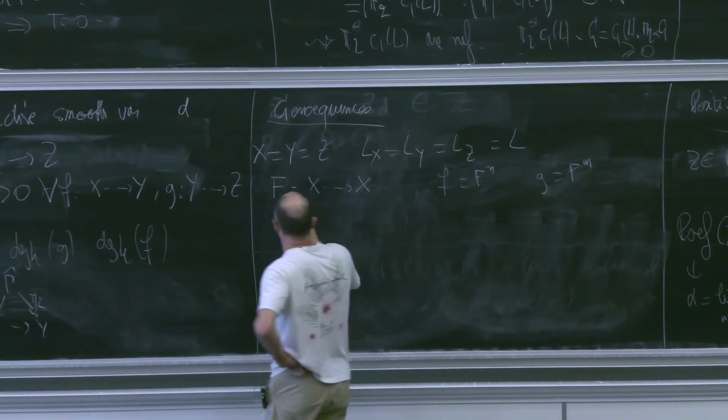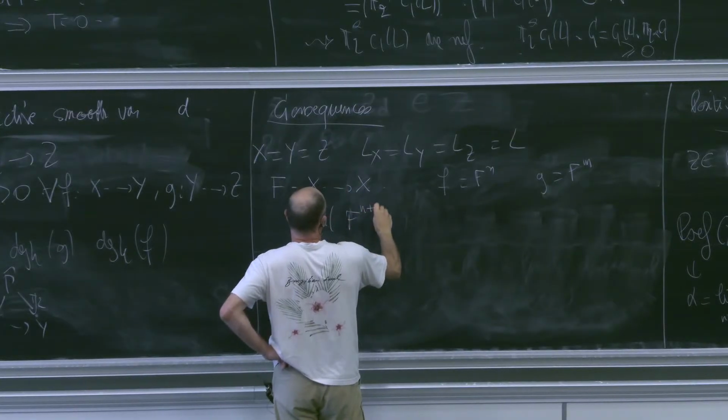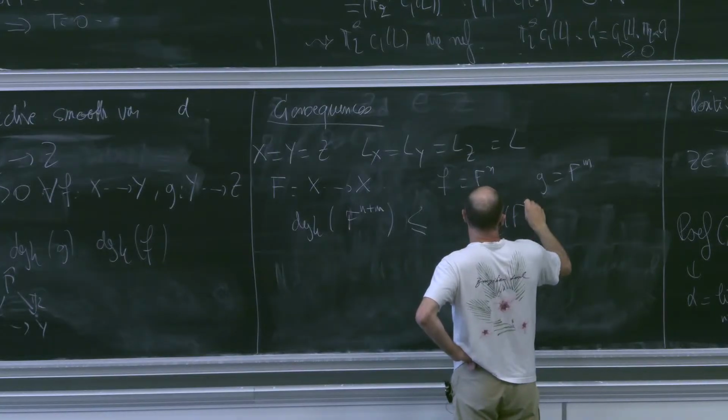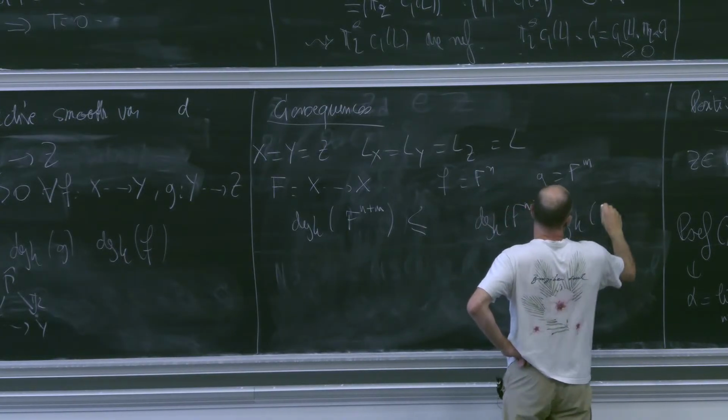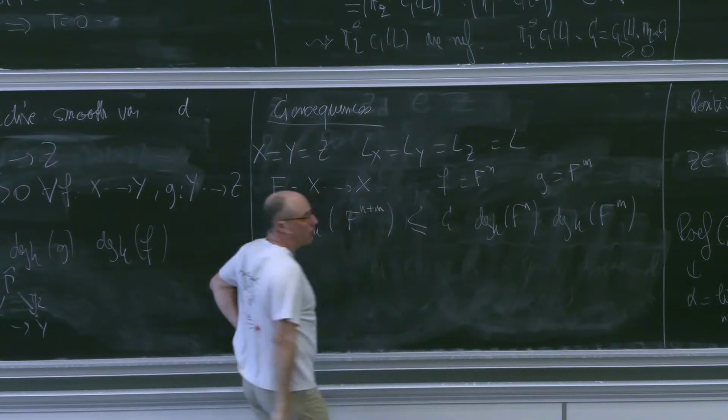What you get is that the degree of capital F to the n plus m is submultiplicative. Well, sort of. You have to multiply by this number c.